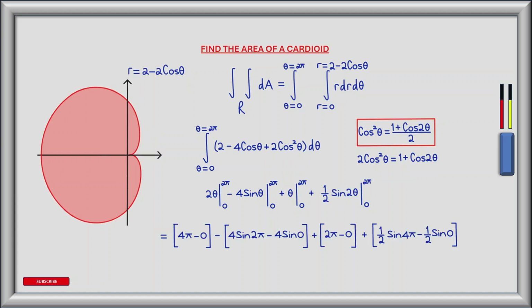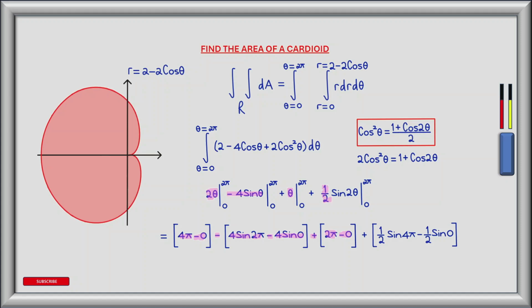Plugging in the limits of integration for each of these terms, and beginning with 2 theta, we have 4 pi minus 0, and for minus 4 sine theta, we have minus 4 times sine 2 pi minus 4 times the sine of 0. And then for theta, we have plus 2 pi minus 0.